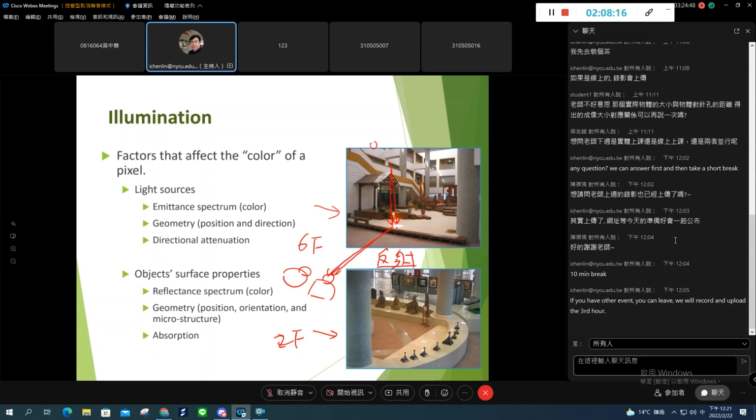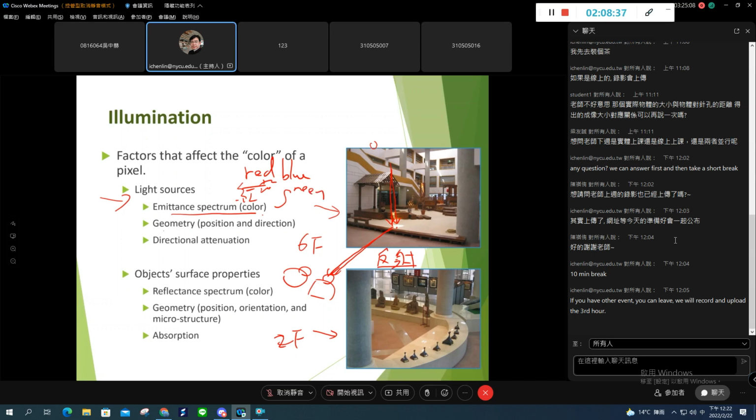Okay, so we usually have to encounter two kinds of property. The first one is your light source. It depends on your light source spectrum, such as red, blue, green, right?